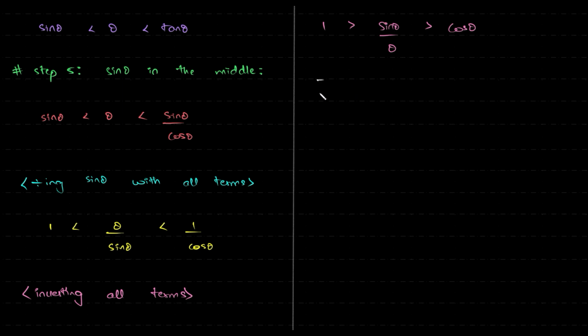Okay, so it's something like this. If you have 1, which is less than 1 by 2, which is less than 1 by 3, if I flip it across, oh wait, no, I wrote it wrong. Okay, 1 only I'll keep. So 1 by 3, if I flip it, 3 will be greater than 2, which will be greater than 1.